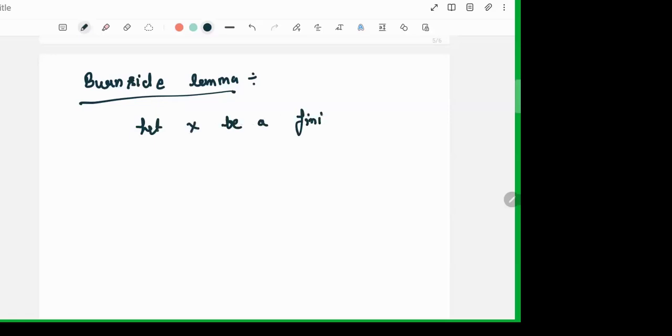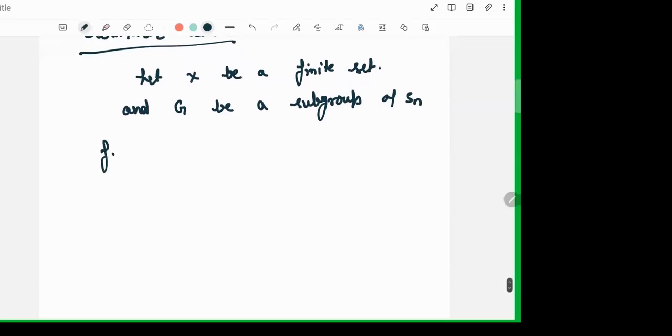Yes, I'm mentioning this Burnside lemma. I should write the full statement. Burnside lemma says: let X be a finite set and G be a subgroup of Sn.